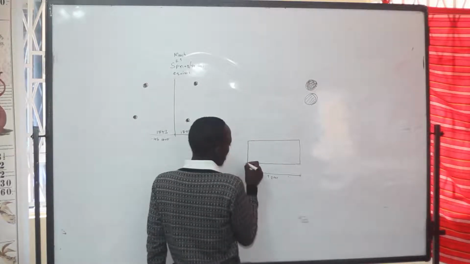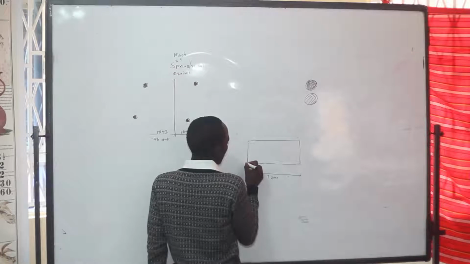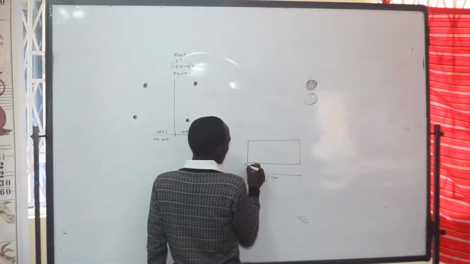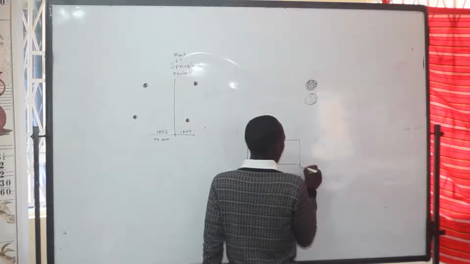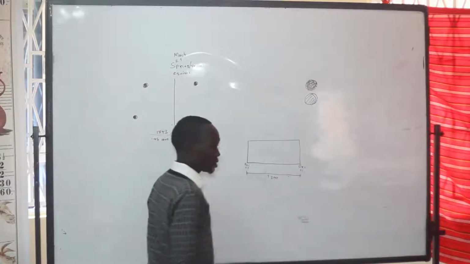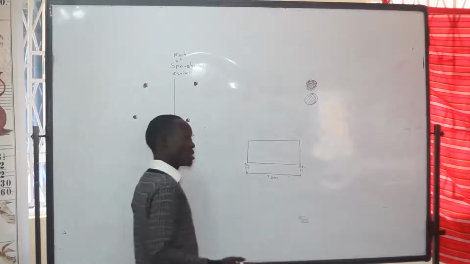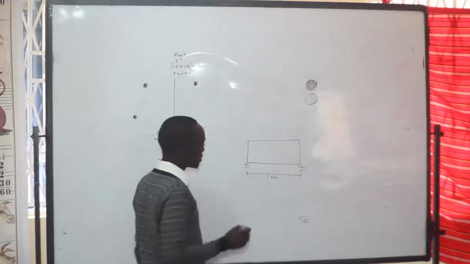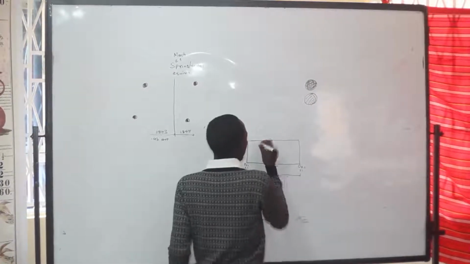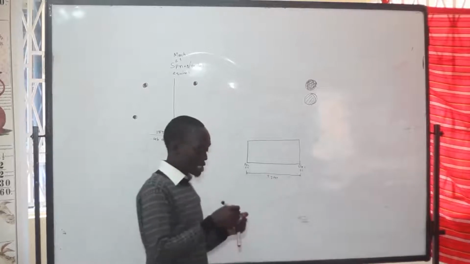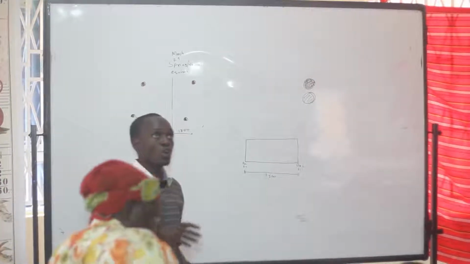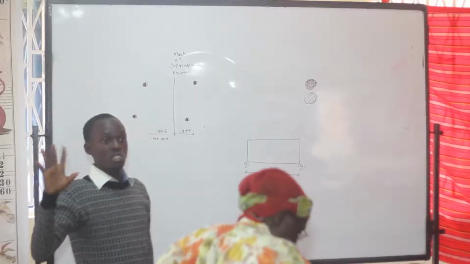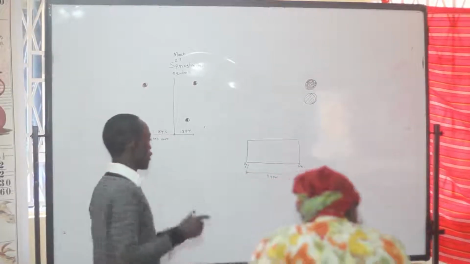So we know that this will be December 21, and this will be December 21, which will be the winter solstice. Then we are going to divide this year into 4 quarters, because the Jews reckon they are using seasons. And how many seasons do we have? 4.